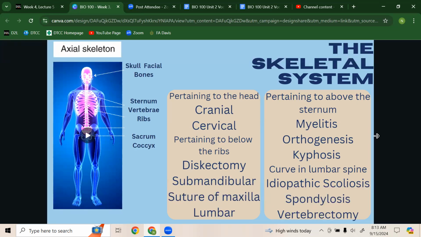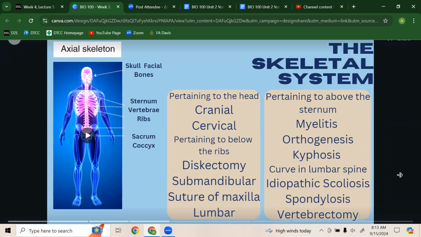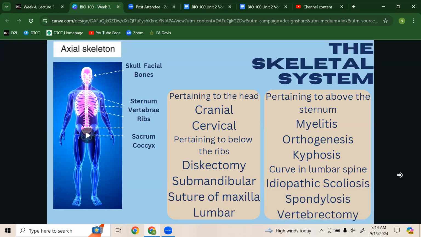The suffix for suture is rhaphy, R-R-H-A-P-H-Y, rhaphy. It's a weird one. The combining form for maxilla is basically just drop the A off and add your O. So a suture of the maxilla would be a maxillorrhaphy.